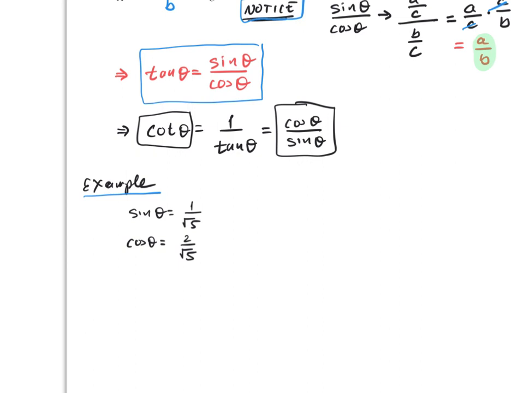And they ask you to use these two, sine and cosine, to find tangent of theta. So the example should be find tangent of theta with the given information. So therefore, from here, remember the tangent of theta is the same thing as sine theta over cosine theta. So this should be 1 over radical 5 divided by 2 over radical 5. Notice that the radical 5 is cancelled, so therefore tangent will be 1 over 2.